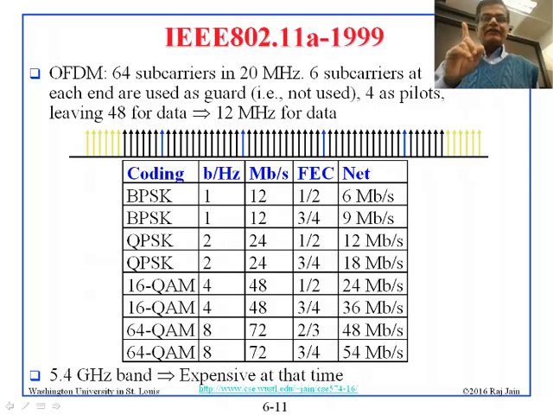Okay. So anyway, a few things from this slide, please. One is that you understand guard, and you understand pilot. This is for OFDM. In OFDM, we have many subcarriers. Some are used as pilots, some are used for data. And towards the end, you don't use them because everything is going to overflow.